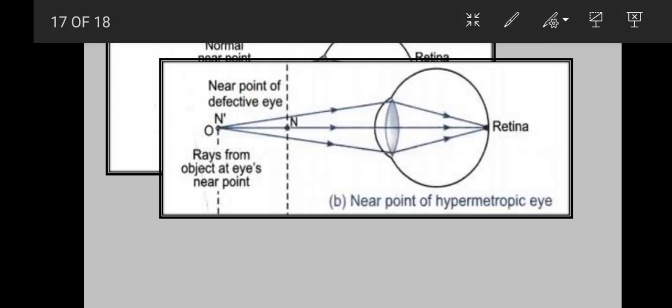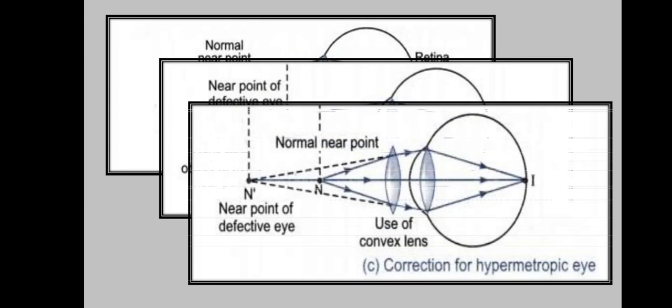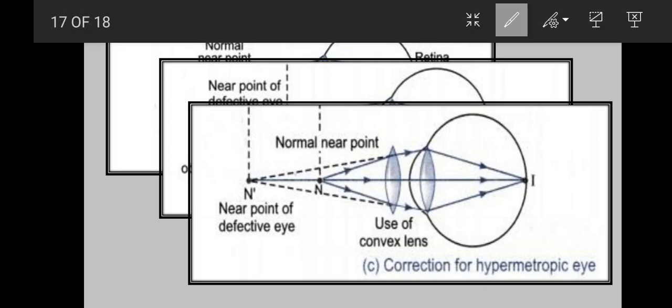By using a converging lens. Yes, like this. If we use glasses with a converging lens, what will happen? The object is actually here. If we place the converging convex lens here, the light rays first somewhat converge, and while entering the eye, they will be converged again and focused on the retina to form a sharp image.